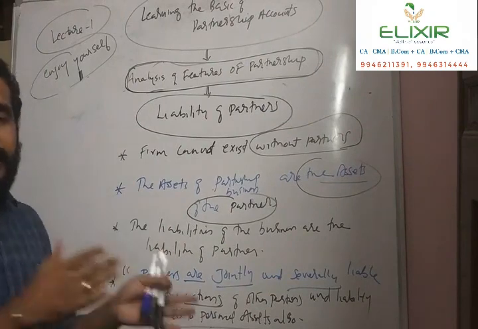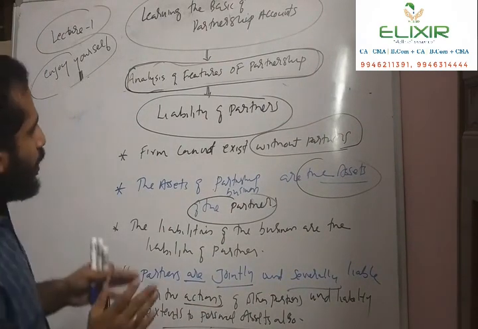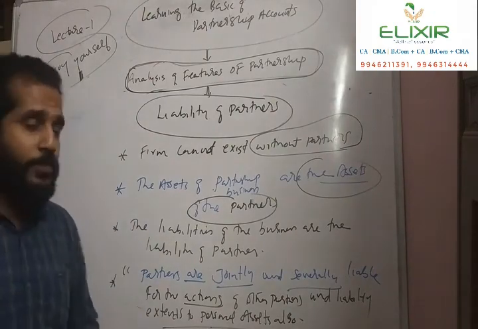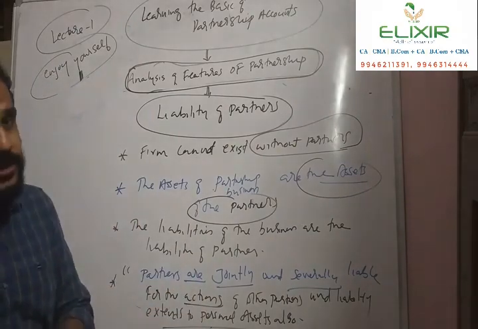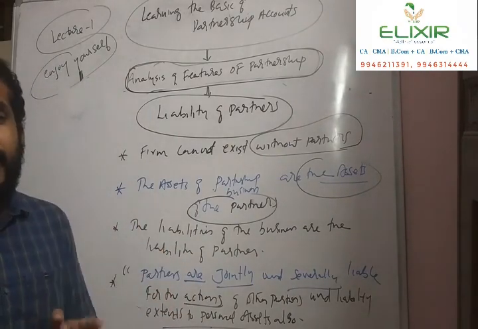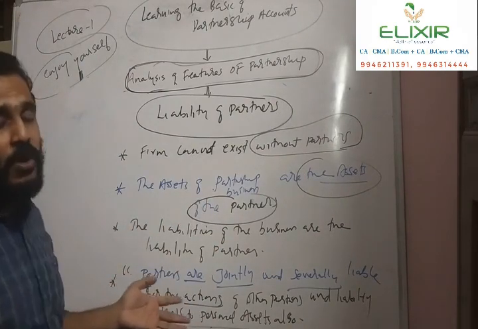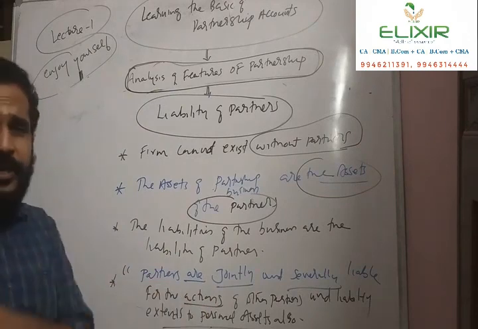The company and the members are different persons. Unlike in the Companies Act, there is no concept of separate legal entity in the case of partnership business. A firm cannot exist without partners. If there are no partners, there is no existence of the firm. There are certain exceptions to this which will be studied later.